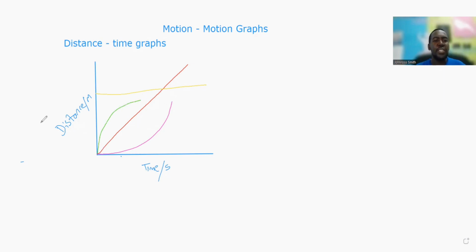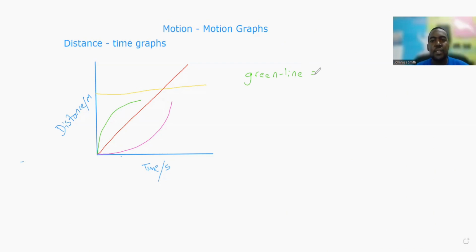Now, what do these lines mean? For the green line, if we have a line that looks like this, it curves up, then it's coming down, then what that means is that the object is moving a distance, right? Because distance on the y-axis is increasing.